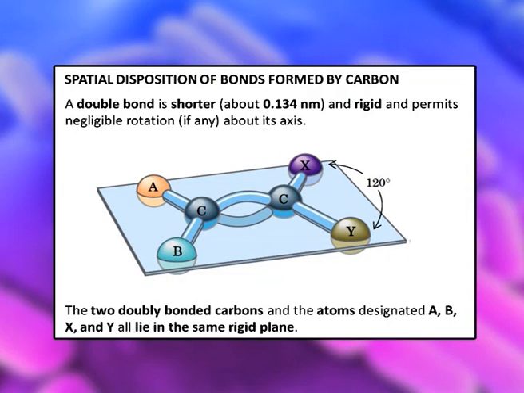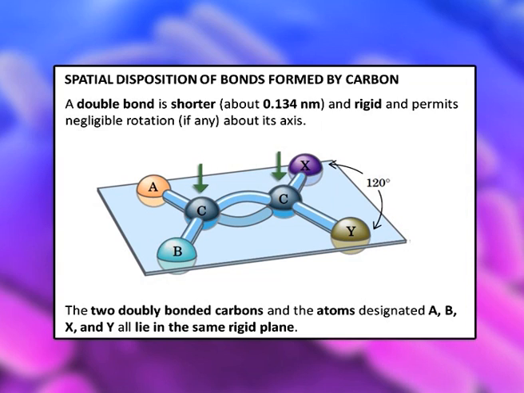On the other hand, double bonds, they are first of all shorter, about 0.134 nanometer, and more importantly, they are rigid and permit negligible, if any, rotation about its axis. You can see the angle between the substituents with the carbon atom is roughly 120 degrees.